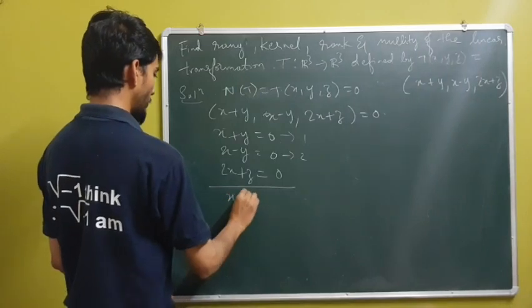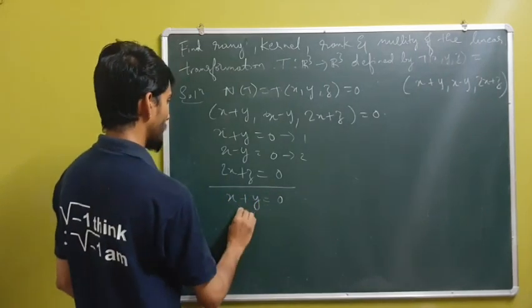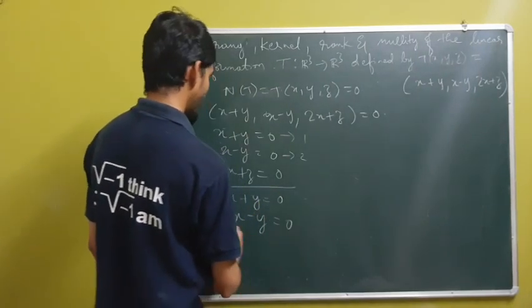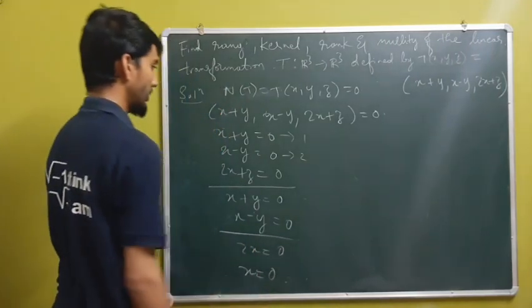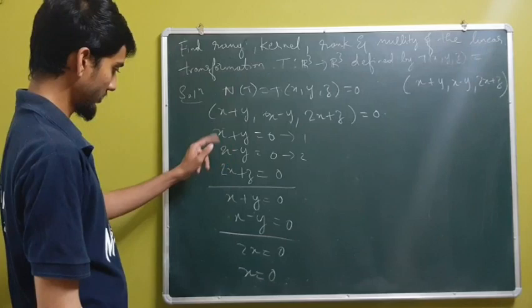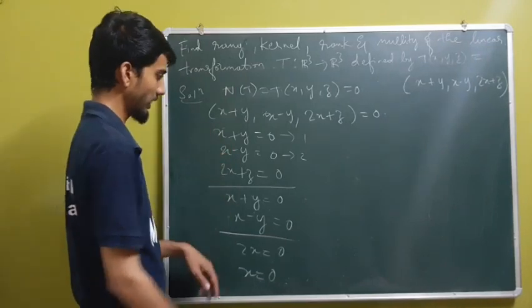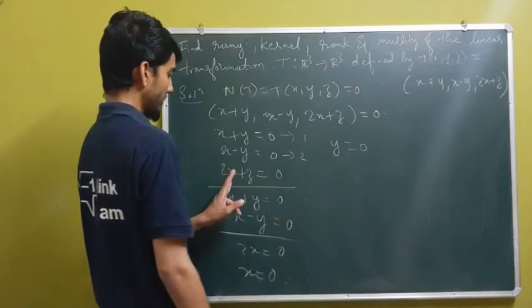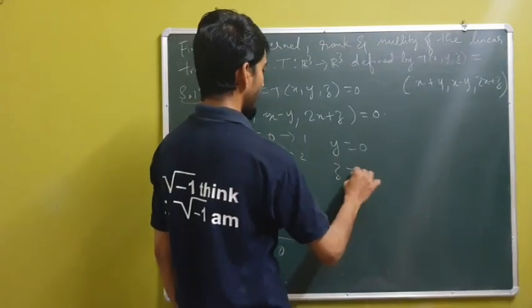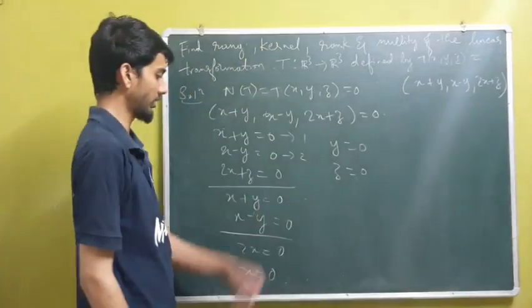Solving 1 and 2, we get 2x equal to 0, so x equals 0, and substituting in either of 1 and 2, we get y equal to 0, and substituting in equation 3, we get z also equal to 0.